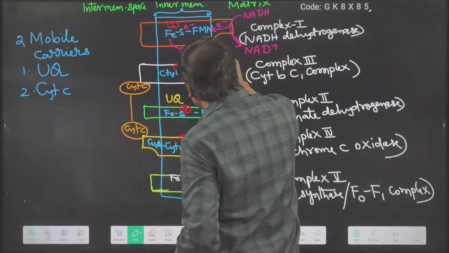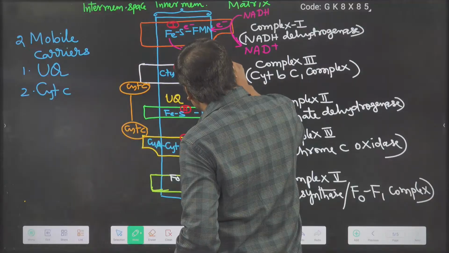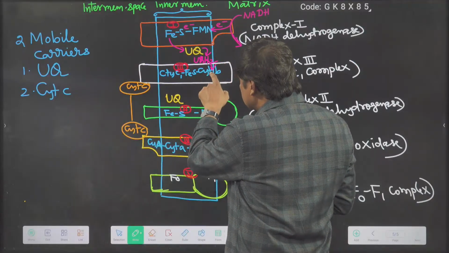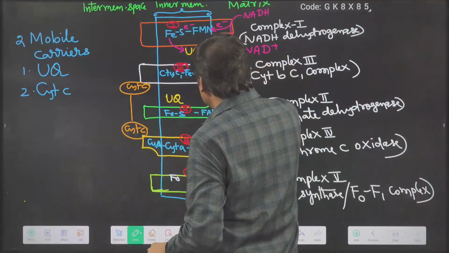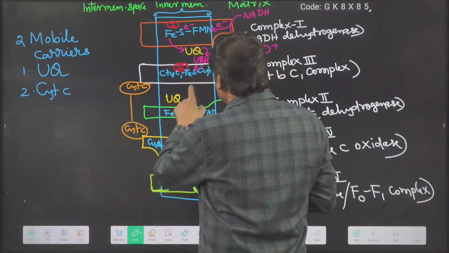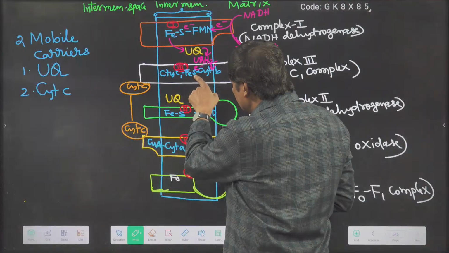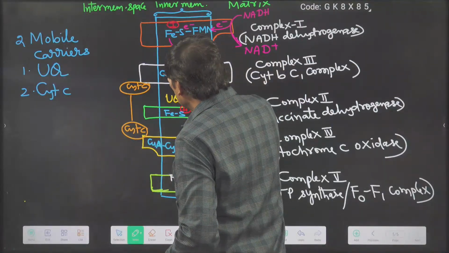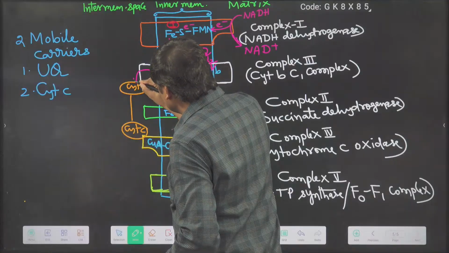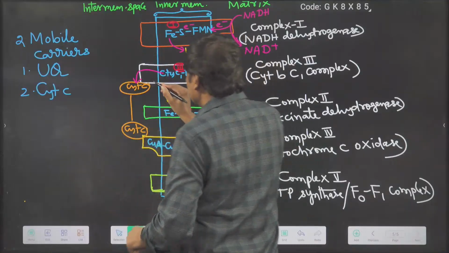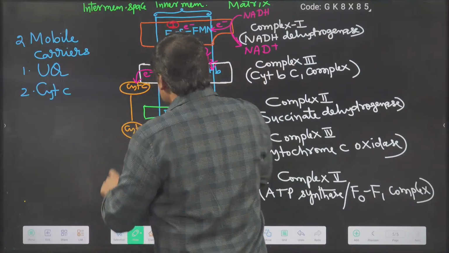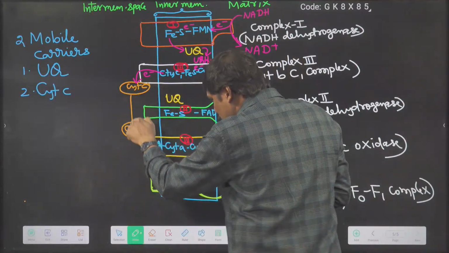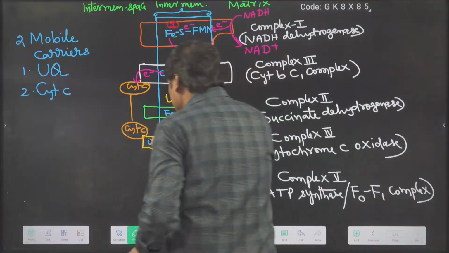This UQH2 transfers its electrons to complex 3. In complex 3, first they are accepted by cytochrome B, then iron sulfur, then cytochrome C1, and then these electrons are taken by cytochrome C. Cytochrome C migrates from complex 3 to complex 4.